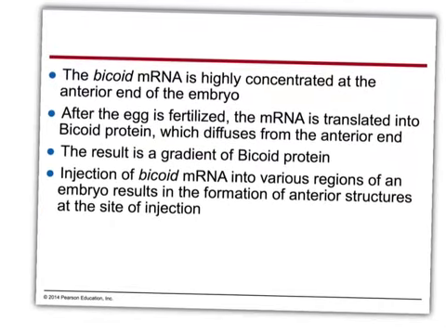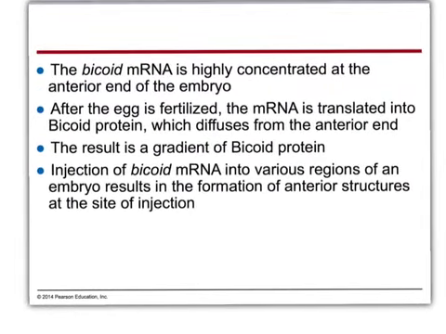So, the bicoid mRNA is highly concentrated at the anterior end of the embryo. After the egg is fertilized, what's going to happen to that mRNA? mRNA is present, egg is fertilized, now translation is going to start. So now you're going to produce bicoid protein.